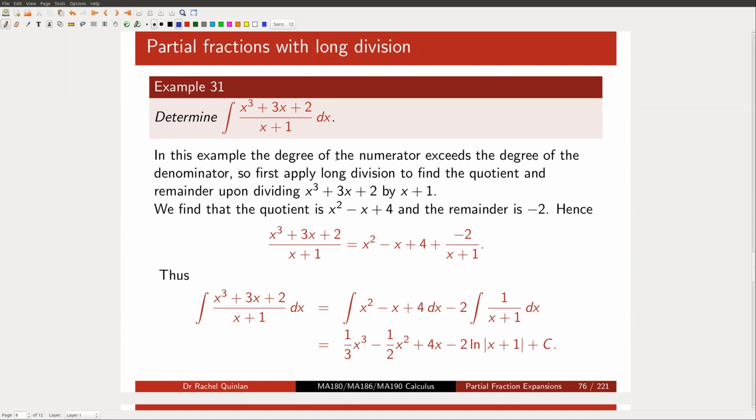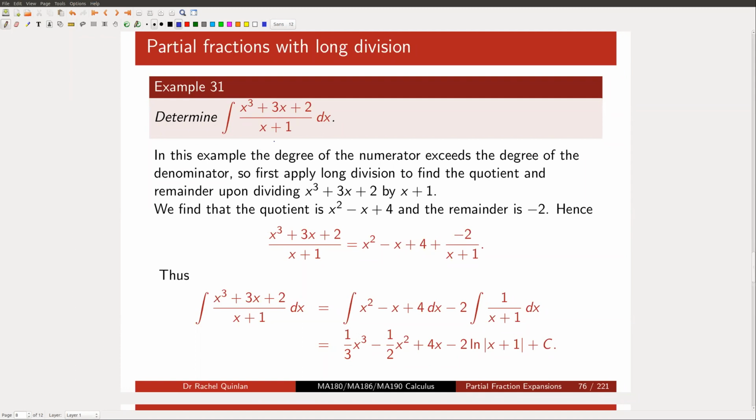But if you've got a case where the numerator has higher degree than the denominator, then we can do a sort of division and write it as a polynomial plus a rational function with the same denominator, but where the degree of the numerator is less than that of the denominator, which is just the remainder upon dividing x cubed plus 3x plus 2 by x plus 1.